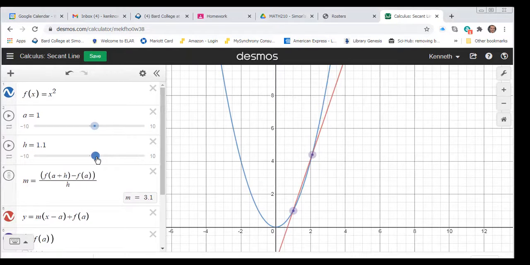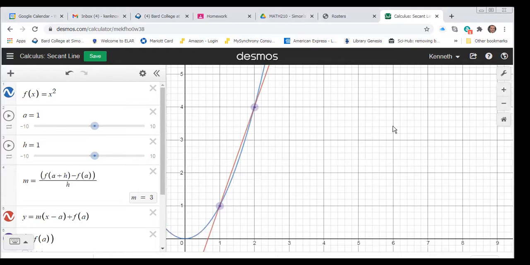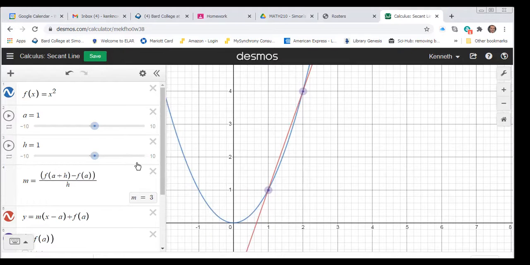And you can see the secant line changing as I change the other point, and it slides on down to 1. And the slope was a little less. This time the slope was equal to 3. So the average rate of change on the interval from 1 to 2 is now equal to 3.